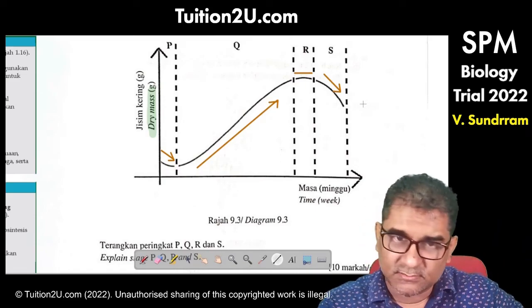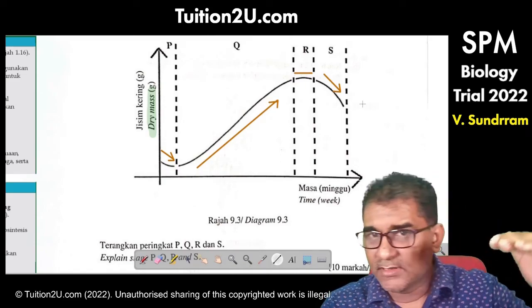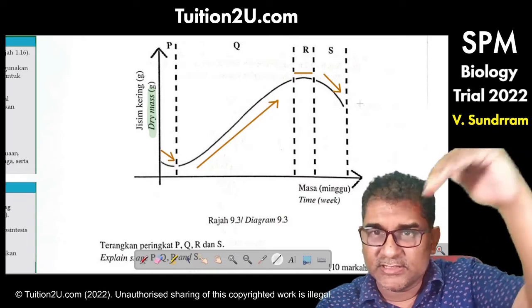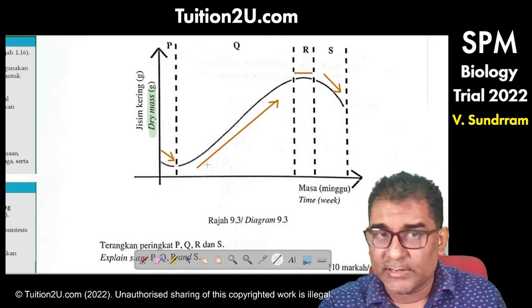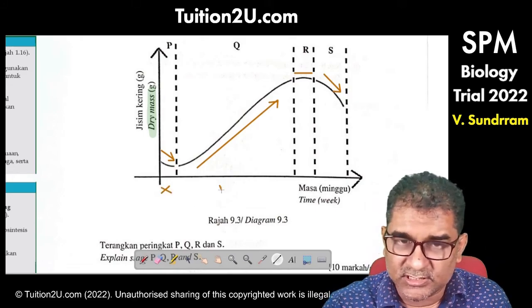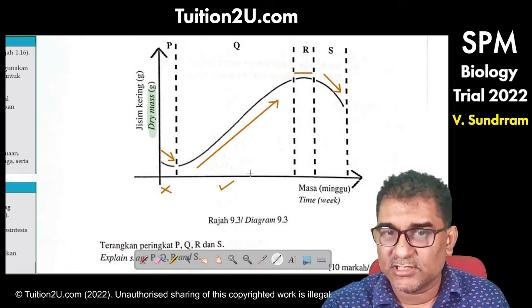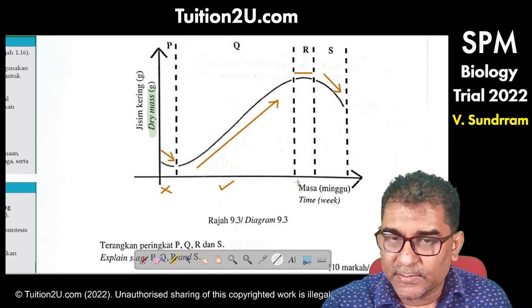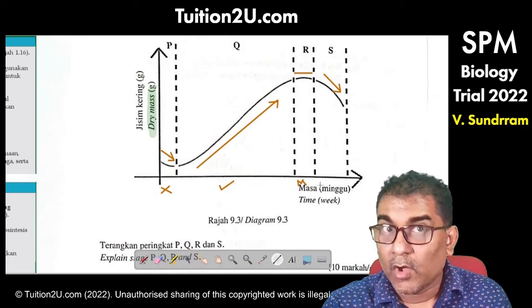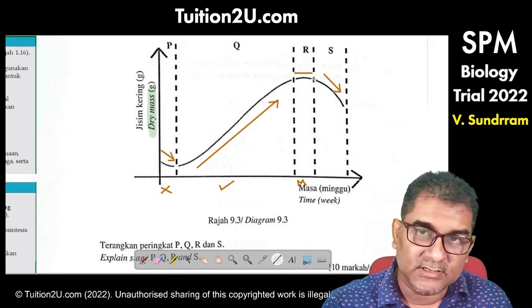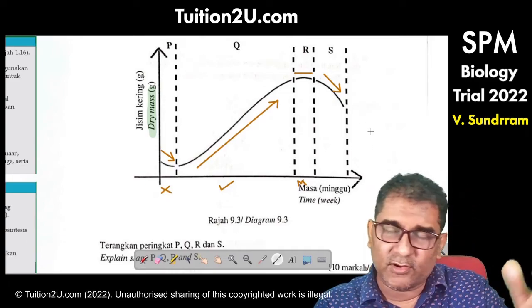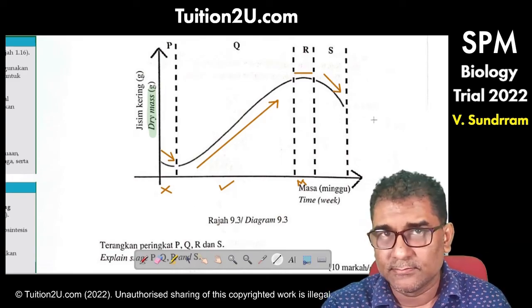Decreasing dry mass phase, increasing dry mass phase, constant dry mass phase, decreasing dry mass phase. That's already 4 marks. What happens? No photosynthesis, yes photosynthesis, already mature, reproduce, release the seed, leaf falls down and the plant dies.